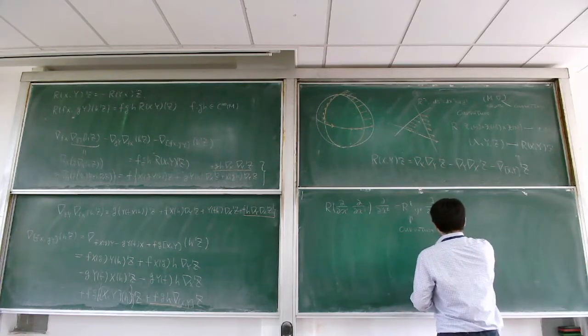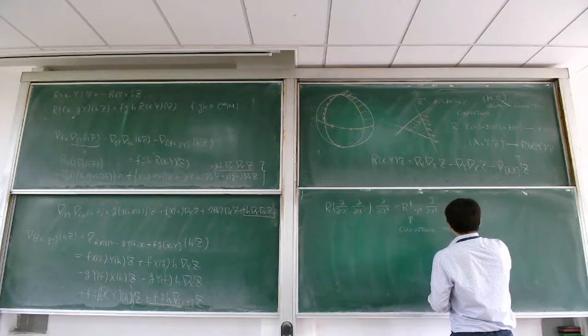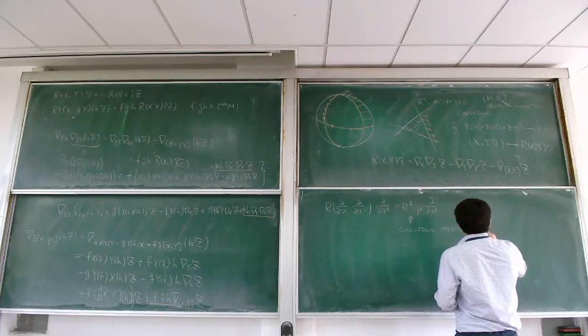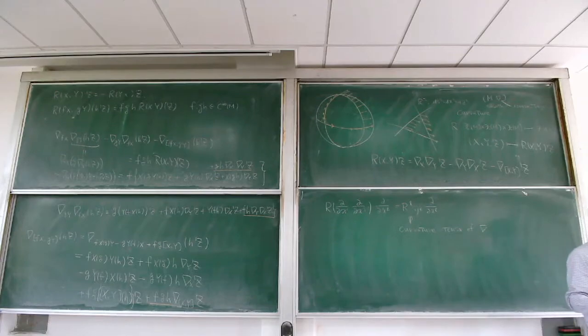Tensor of connection level. So at this moment, I didn't introduce the metric g. Okay, so be careful. I didn't use anything. Here you can develop the theory for any connection nabla.